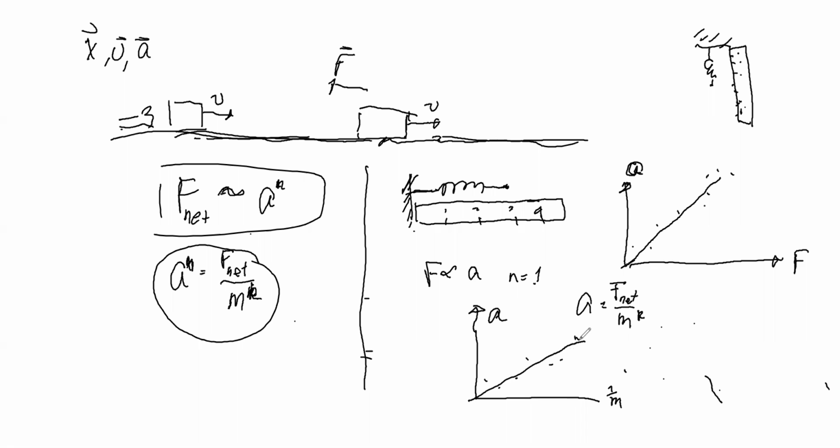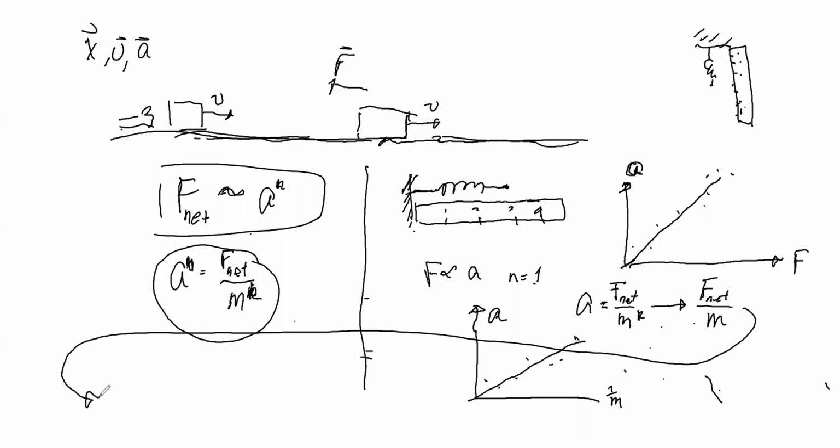So there too, we further refine this model and find that A is F net over M to the first power. That is, we discover Newton's second law.